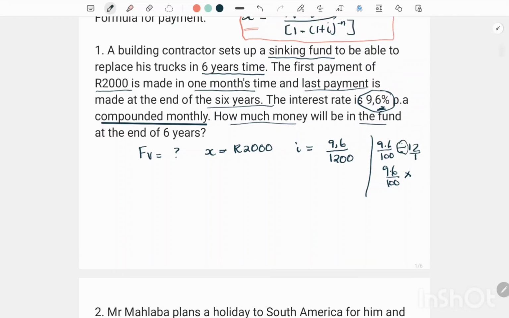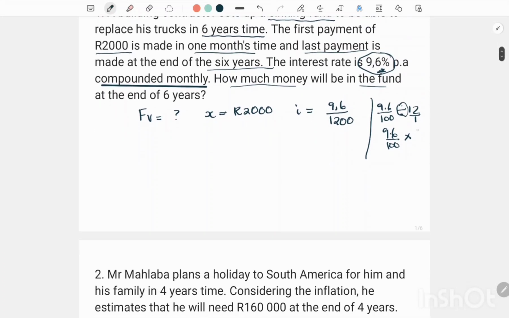When I change the division to become multiply, it will be 1 over 12. Then it's going to be 9.6 over 12 times 100, it's 1,200. So I simply just say 9.6 over 1,200. I just put the zeros in my denominator, and then I just get that percent.